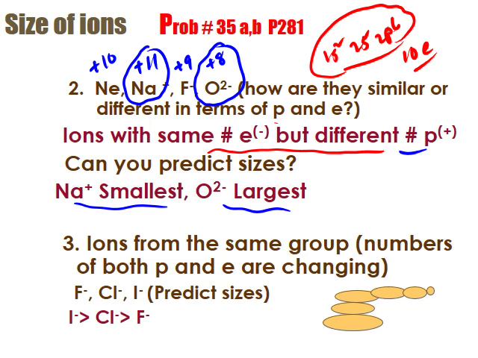The third kind of problem deals with ions from the same group in the periodic table. Then it follows the same trend as the neutral element. That means as you're coming from right to left, it gradually gets bigger. As we are going from top to bottom, it's getting even bigger.